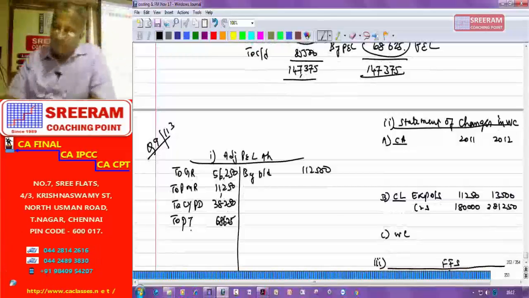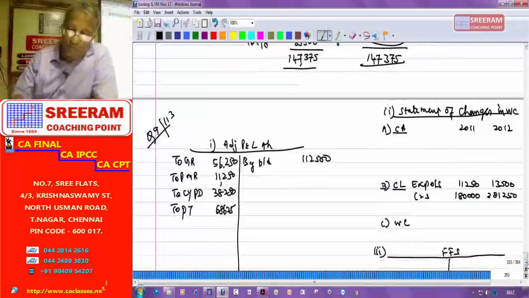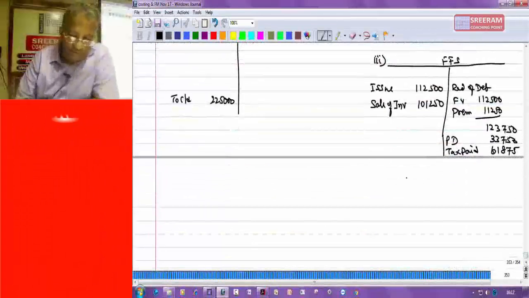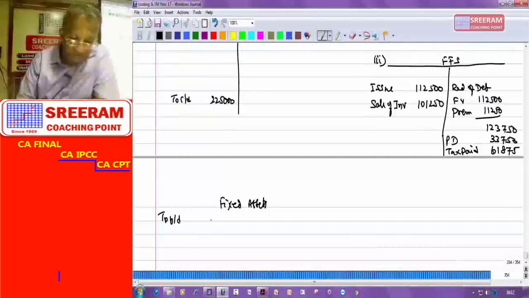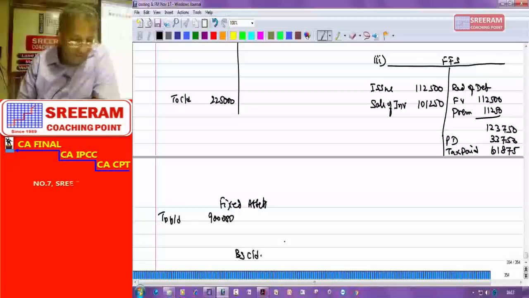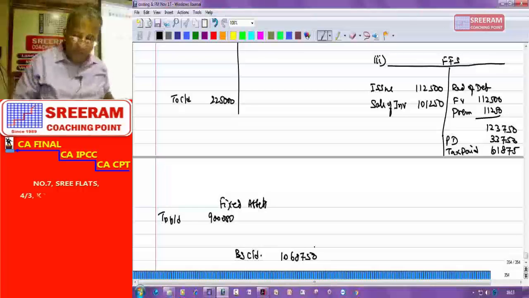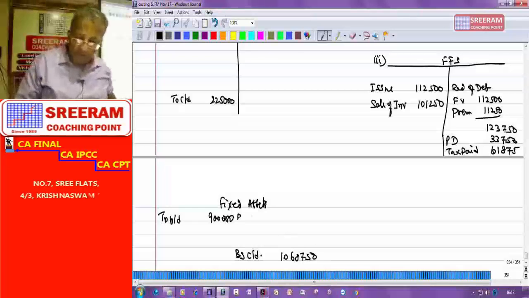So for fixed assets, it is better that we open ledger accounts. To opening balance WDV 9 lakhs. By closing 10,68,750. By bank 9,000.